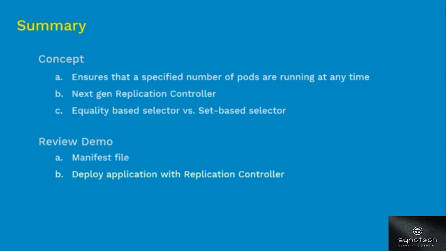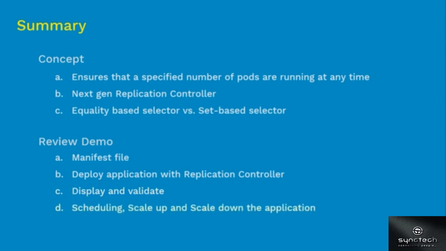And once the application was deployed, we displayed and validated the objects it created. Then, we tested some use cases of ReplicaSet: automatic rescheduling of pods when the underlying node fails or dies for any unknown reason, then scaling up and scaling down the application instances. And finally, we cleaned up what we created in this demo.